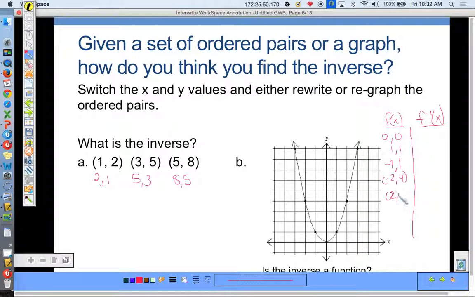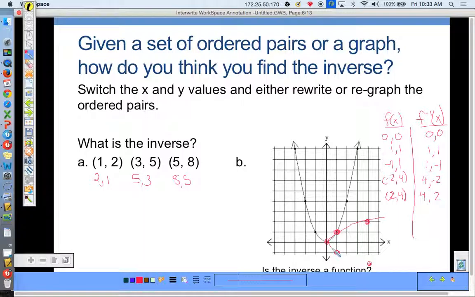If we switch these, we still have 0, 0, we still have 1, 1, but we have 1, negative 1, 4, negative 2, and 4, 2.